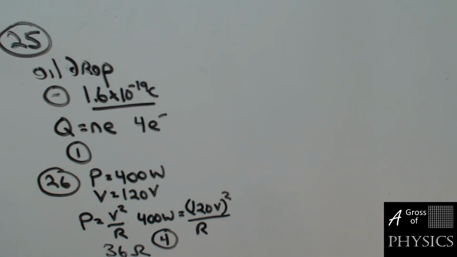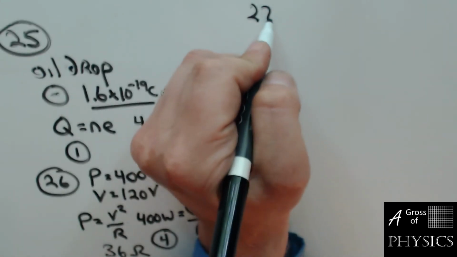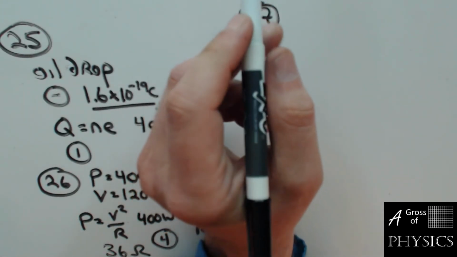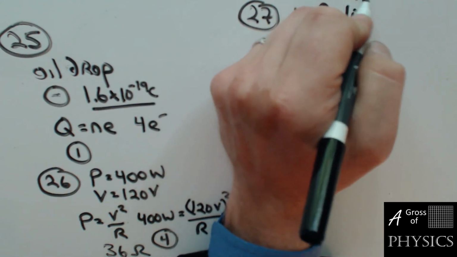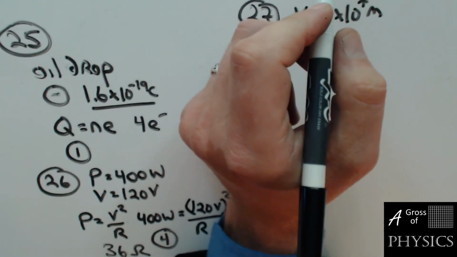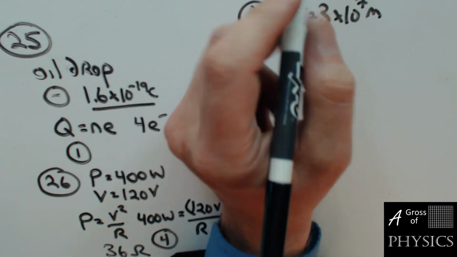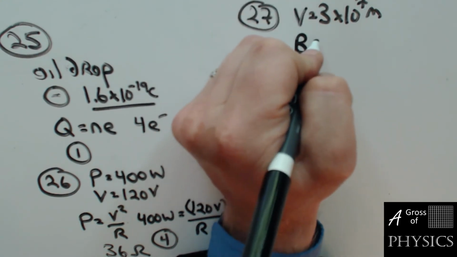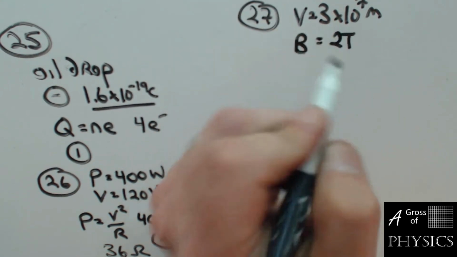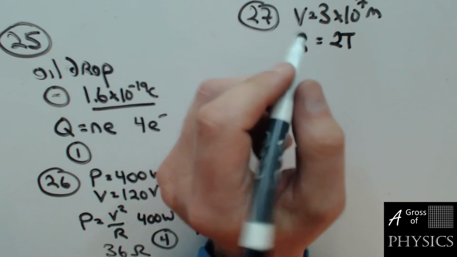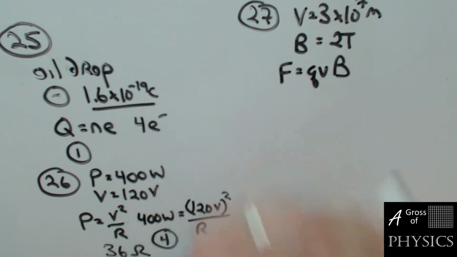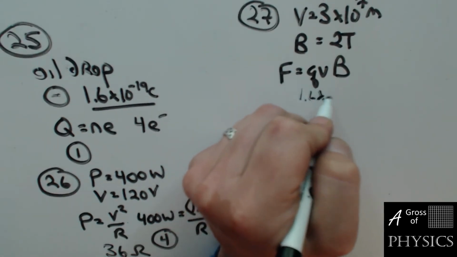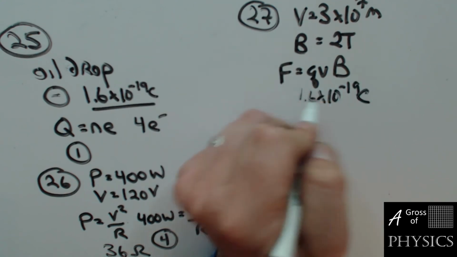All right, 27. An electron moves at a speed of 3 times 10 to the 7 meters per second, perpendicularly to a magnetic field that has a flux density of 2 teslas. So B is 2 tesla. What's the magnitude of the force on the electron? Well, force is QVB. But we need to know Q. But for an electron, it's 1.6 times 10 to the negative 19 coulombs.